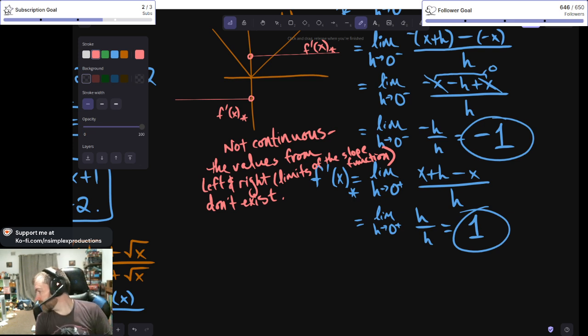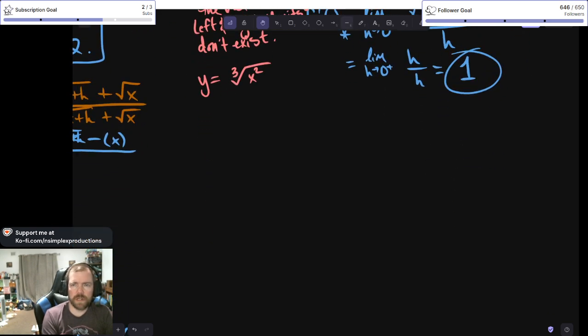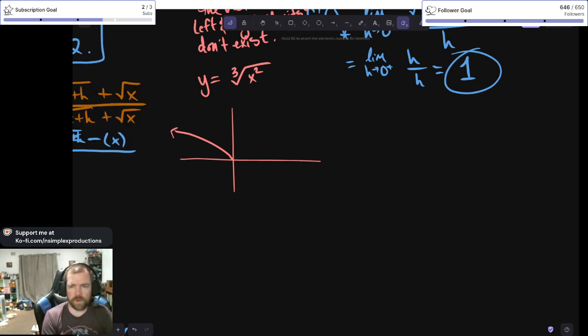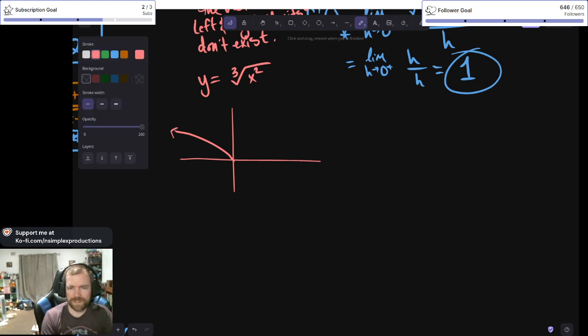And this could also happen if we do something like y equals the cube root of x squared. Same deal. So the issue here is that we end up with something that looks like this, very roughly. Okay, same deal.